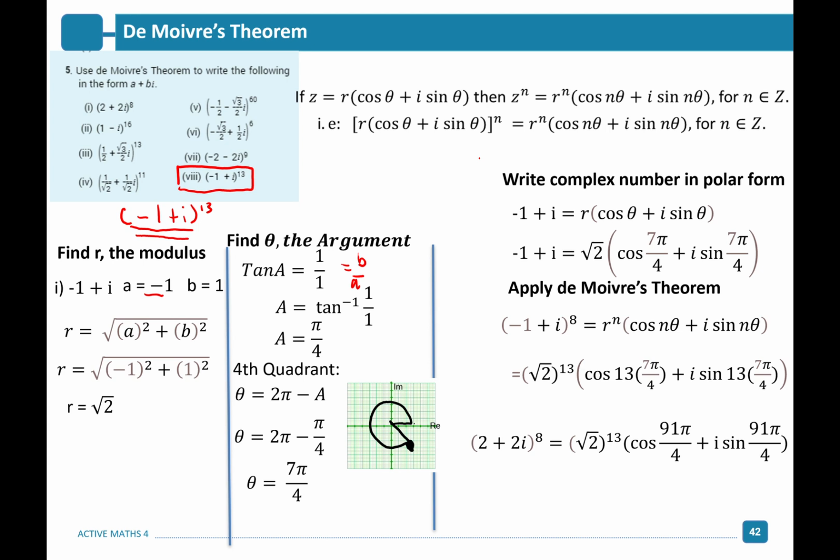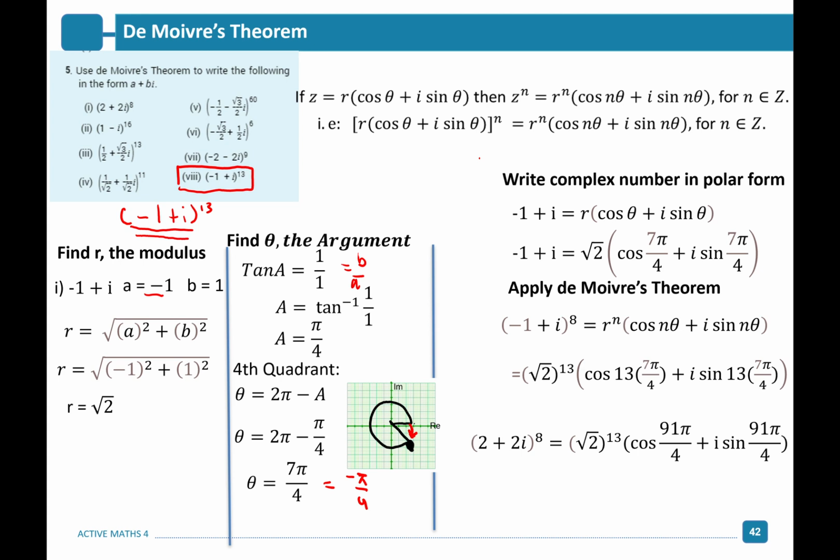Please note that I could also have used an angle of minus pi over 4. So I can also measure my angles clockwise if I want to. Just remember that if you're measuring your angles clockwise, your angle will be a negative value.